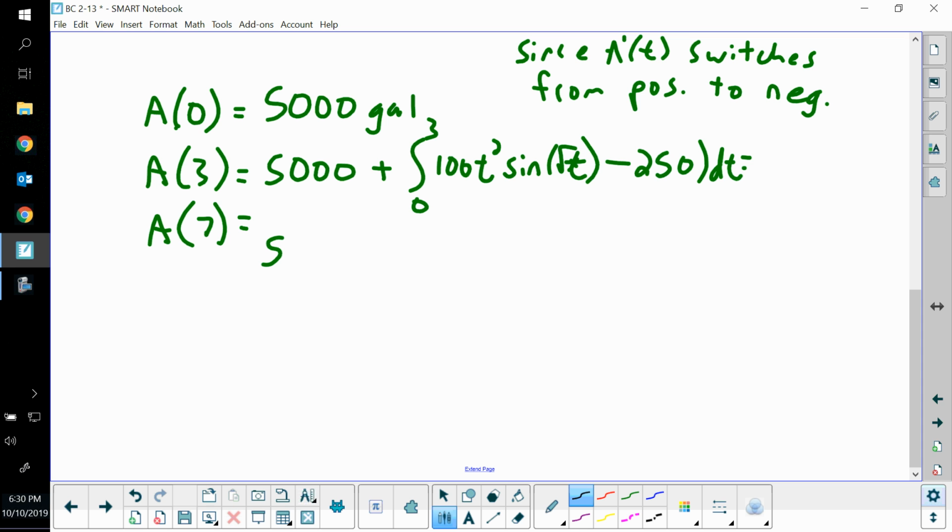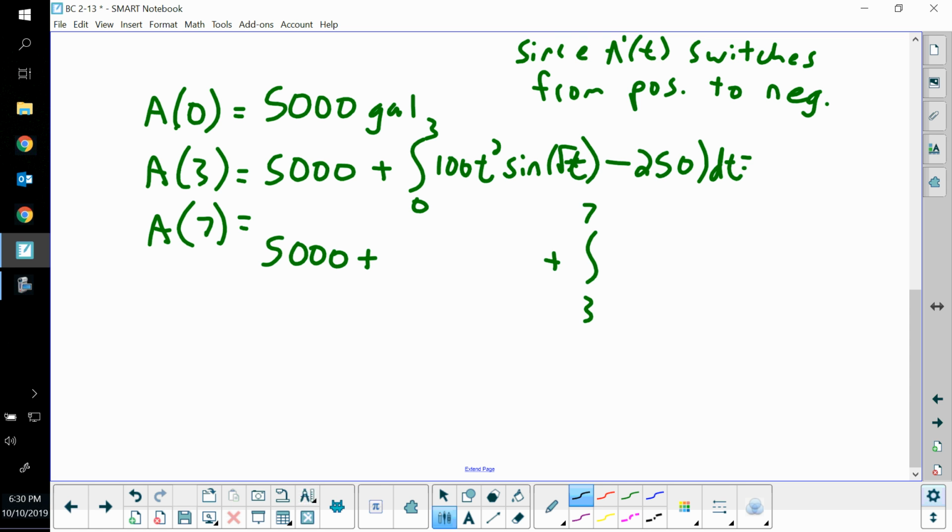So for A of 7, we're going to have 5,000 plus, and then I'm going to leave a blank here, because this is going to be whatever our answer was for A of 3. Because we have to break up the integral separately, since from 3 to 7, the rate that it's leaving switches.